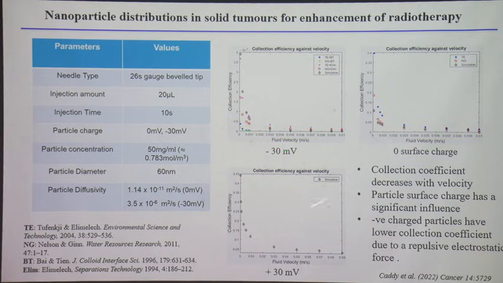This is for positively charged nanoparticles. Now, we have several symbols here. The ones obtained from the simulation are the dark diamonds. These are the simulations. And you also see a few other symbols labeled as TENG or some others.